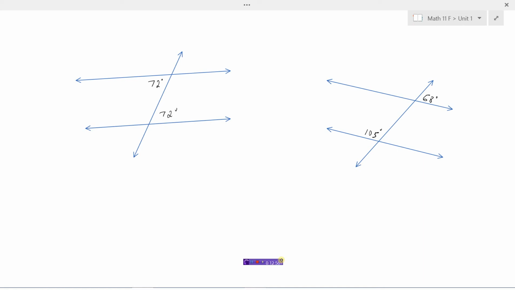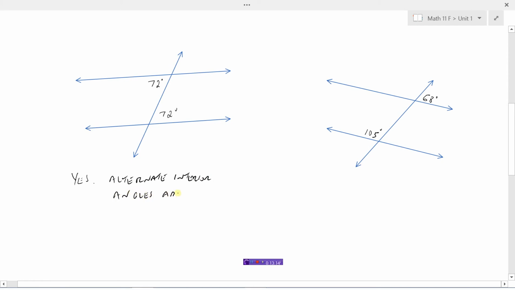We would say yes. Alternate interior angles are equal. So that's one of our laws that prove that these two lines are parallel if the alternate interior angles are equal. So those two lines are definitely parallel.